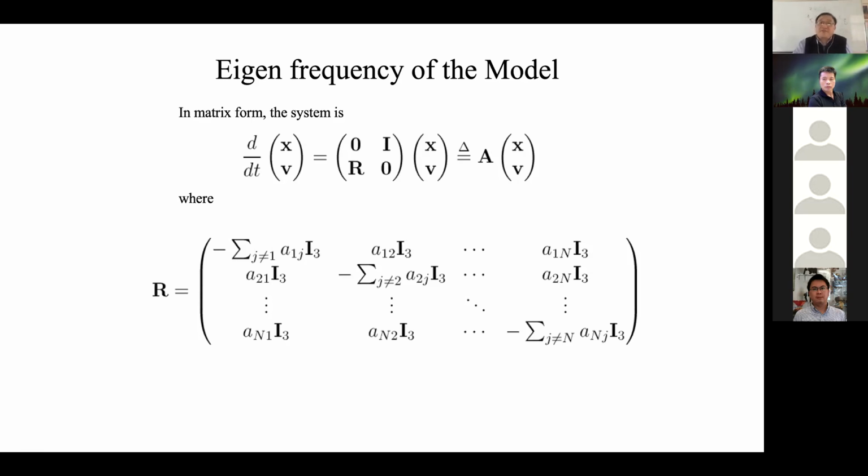He said the frequency of the oscillation is infinitely high, or there is no upper bound. So the first thing we did, by one of my students, was to prove that for this system, no matter how many mass points you have, there is an upper bound of the eigenfrequency.